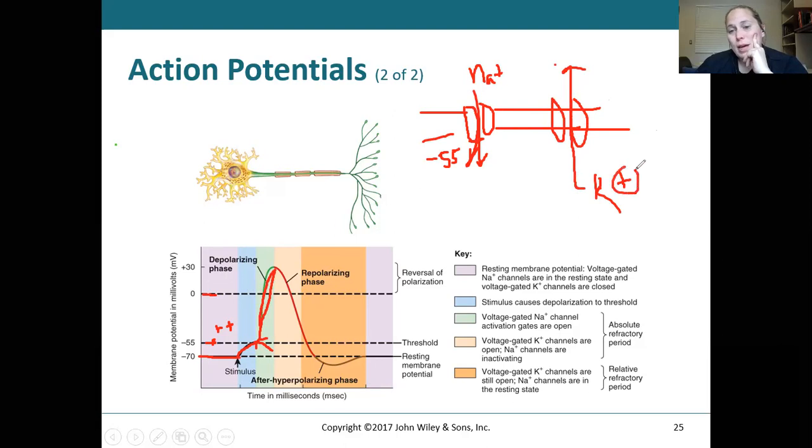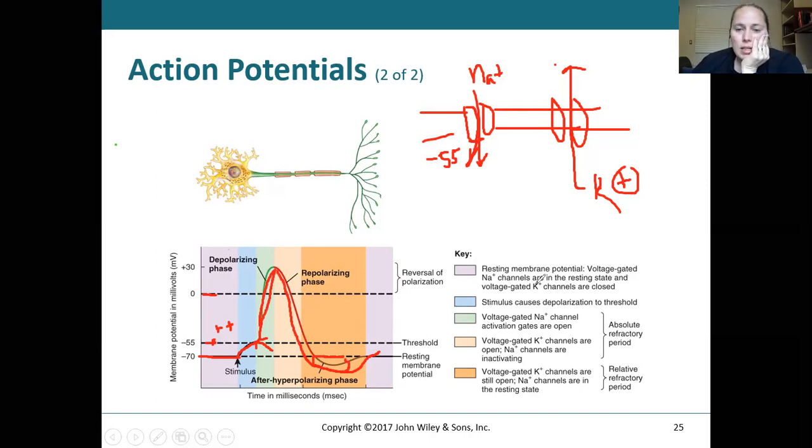And as that positive potassium exits, it drives the cell more negative. So that's this repolarizing phase here. Now, that voltage gated potassium channel is kind of slow to close, it doesn't just shut real quick. Because of that, you have this little after-hyperpolarization, meaning that the cell gets a little bit more negative than it would normally be, just because more positively charged potassium has escaped during that time.